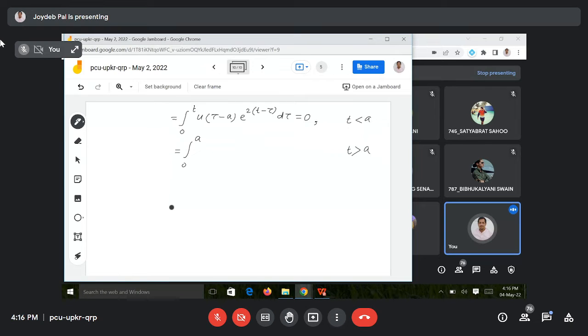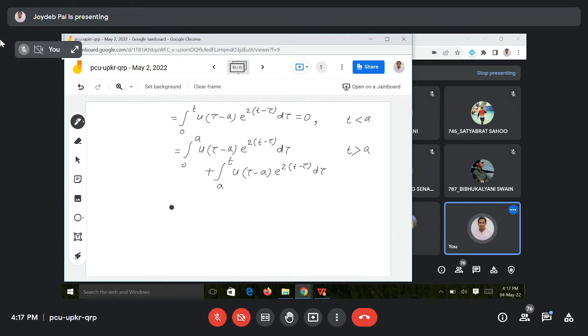That is, the integral from 0 to a of u(tau minus a) e to the power 2 (t minus tau) d tau, plus the integral from a to t of u(tau minus a) e to the power 2 (t minus tau) d tau, right? If t is greater than a, that is the integration.